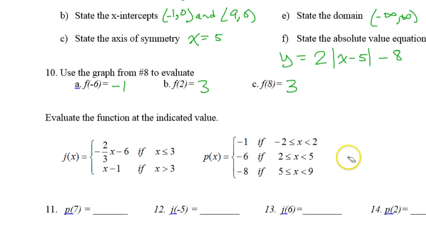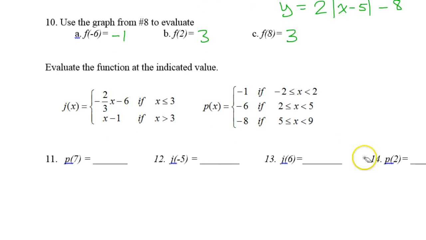So that just leaves these last 4 problems. And this time we're going to evaluate using these equations. So let's see. We have to know which piece to substitute 7 into. Are we going to use the top piece or the bottom piece? Well, that depends on the domain restrictions.